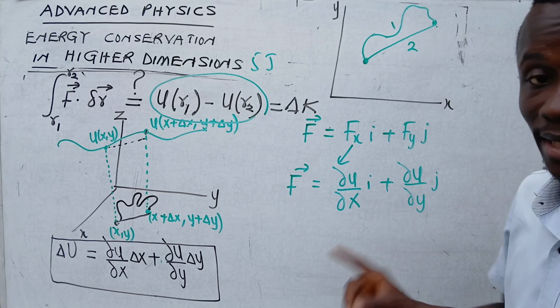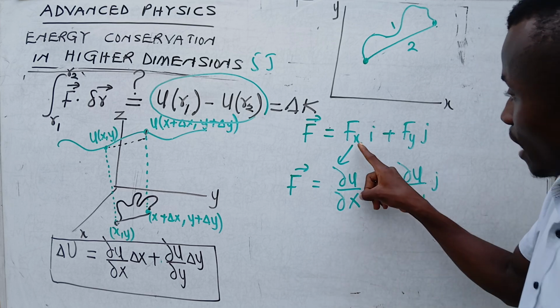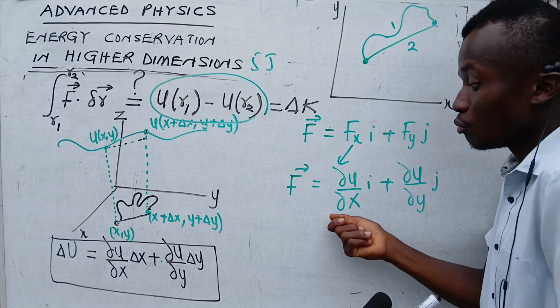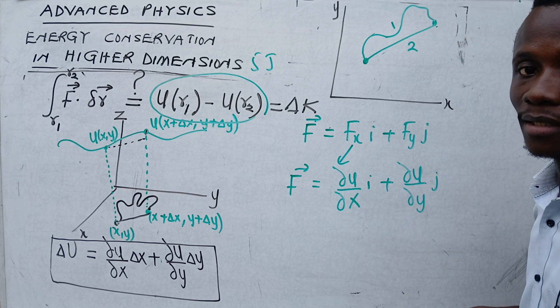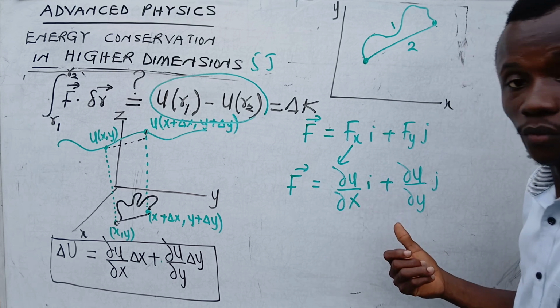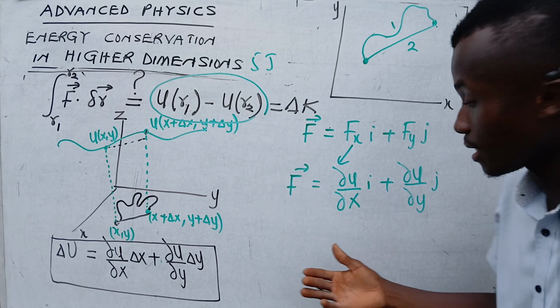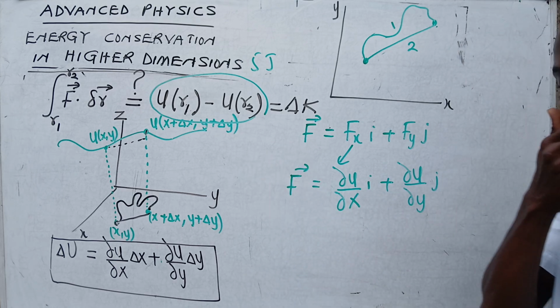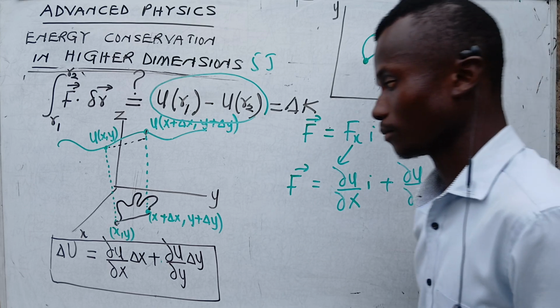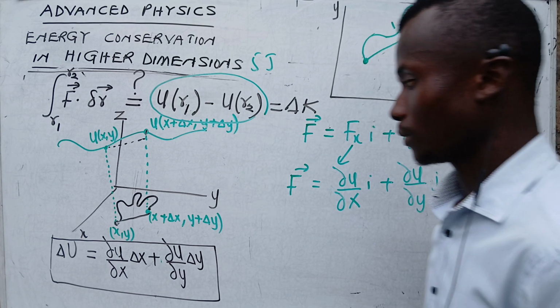If we do this, then that means that this Fx is tracking a height difference as you move in x, and you get the same value no matter which path you take, same as Fy. You see?